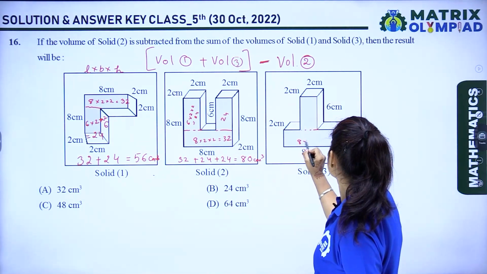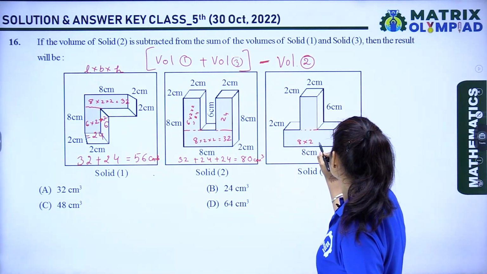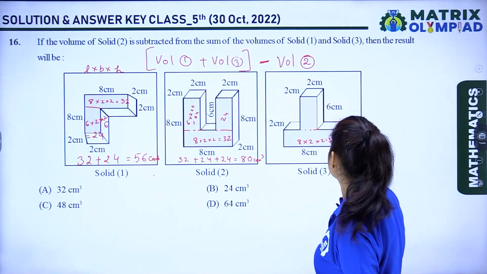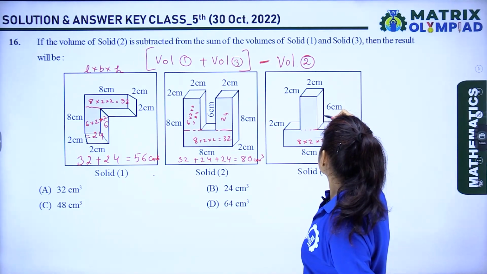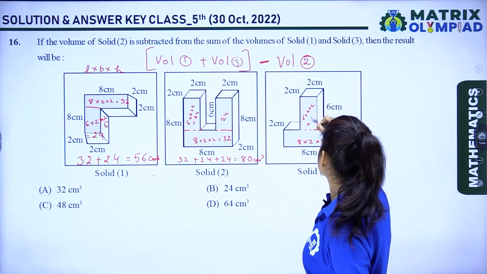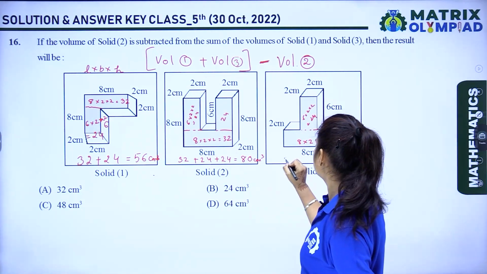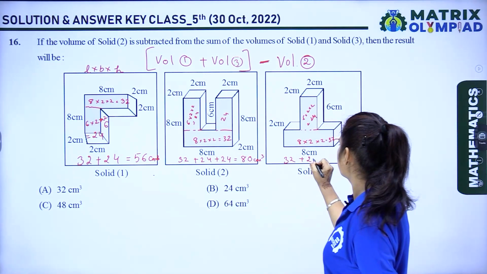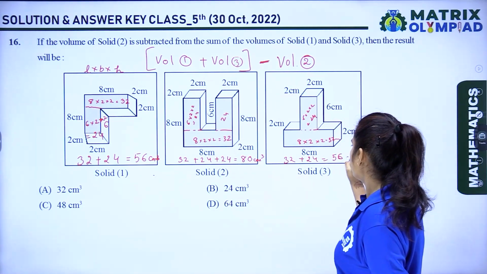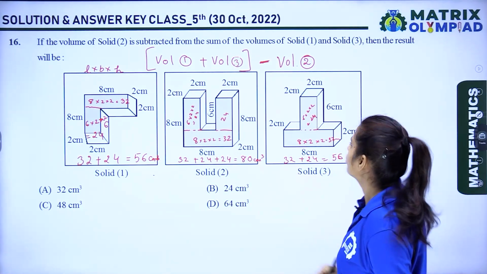Here it is 8 times 2 times 2. So it is again 32 centimeter cube. And this will be 6 multiplied by 2 multiplied by 2, that is equal to 24. So here 32 plus 24 will give us 56 centimeter cube.